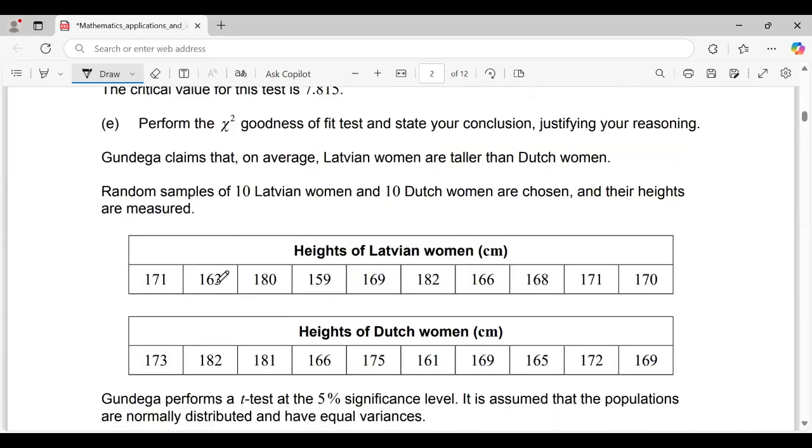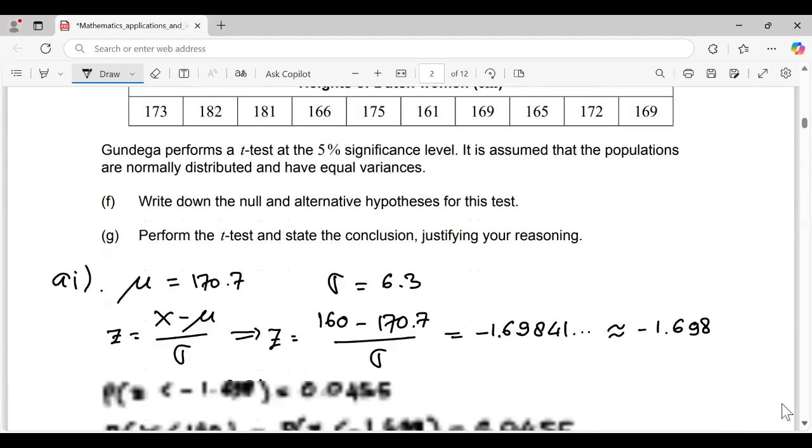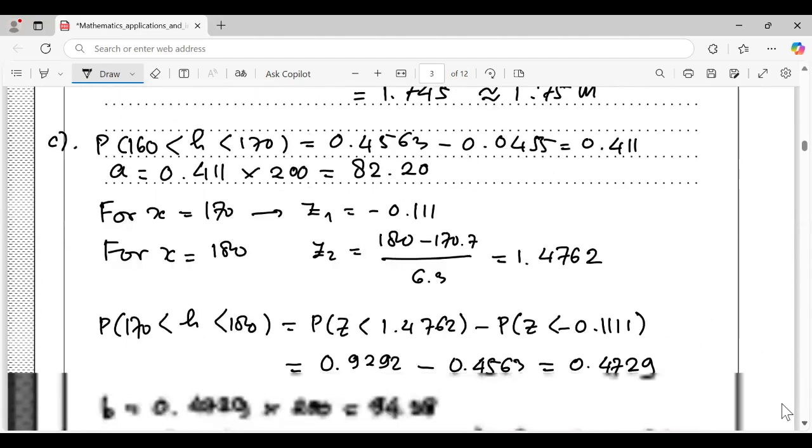171 plus 163 plus 180 until 170, divided by 10 as well. For x2 mean, 173 plus 182 plus 181 and so on until 169, divided by 10 because there are 10 data.